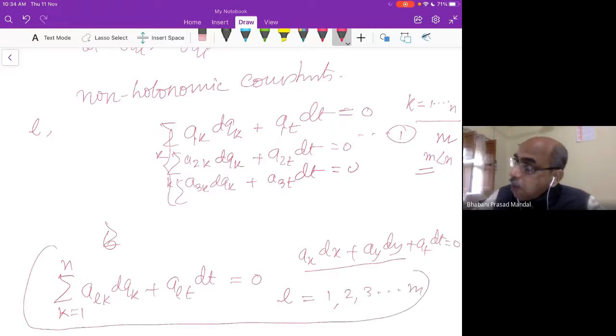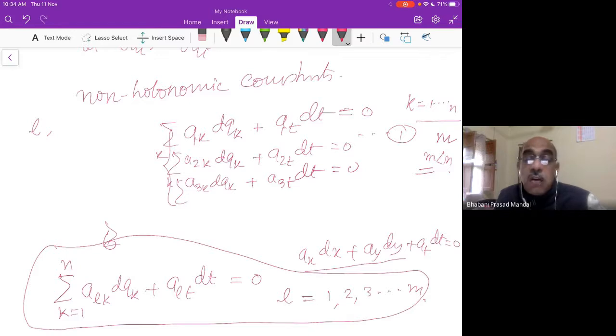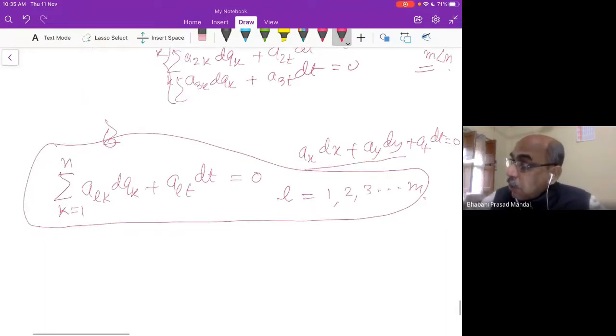So suppose you have m number of non-holonomic constraints, a system with n degrees of freedom, then in general non-holonomic constraints I can express like this. Let me write this as equation 1. This equation is very important, and you have to understand these coefficients a_lk and a_lt.